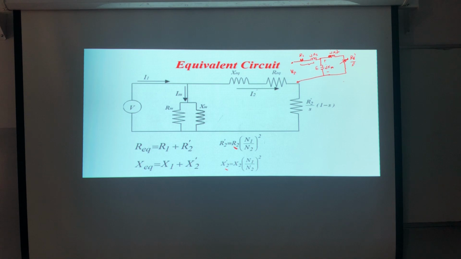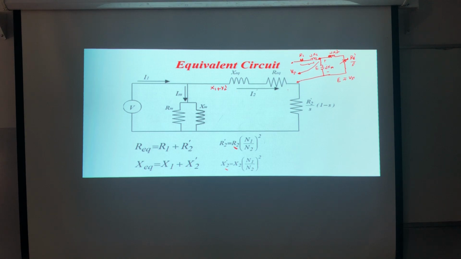So we can say that E is almost equal to Vs. If this is the case, then simply I can reorganize the circuit such that the magnetizing branch appears here, correct? Yes. Now this is the magnetizing branch. Now here I will have X equivalent, which is actually X1 plus X2 dash.